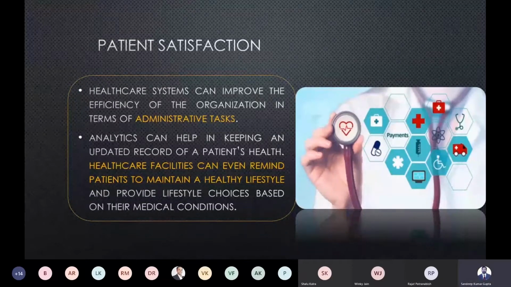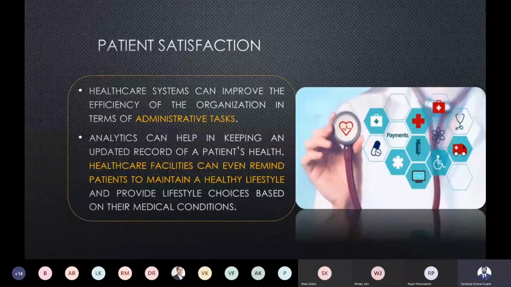So one dimension could be improving the efficiency of admin, and the important parameter on which we focus in this is on scheduling of patients, or you can say assignment of right doctor to right patient. So we do some sort of matchmaking in this, right? We feed the data related to doctors' expertise, experience, etc., and on the other hand we see what's patient requirement, patient history, and all those things.